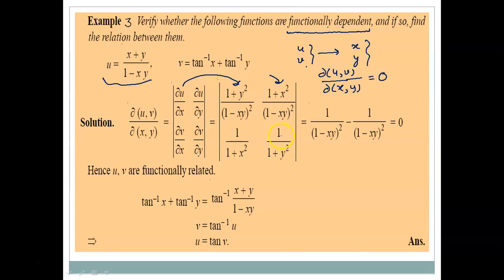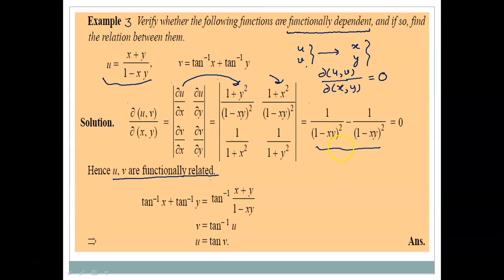Now we simplify this. So after simplification, you can see that the value comes out to be 0, this minus this. So when the value of Jacobian is 0, therefore due to property 3, we can say that u and v are functionally related. So I have already explained the meaning of functionally related.